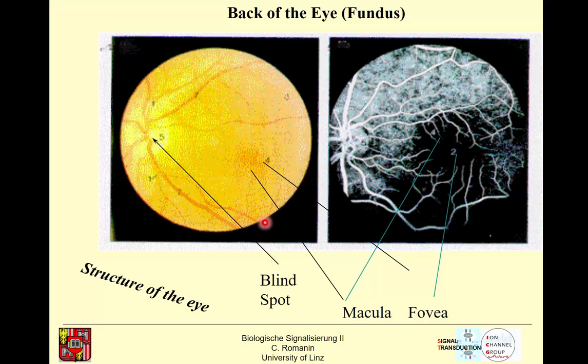Sometimes this is the first indication for the ophthalmologist to tell the patient that he or she should have a look at the blood sugar levels, because when these blood vessels look somehow changed due to some inflammatory processes going on, that could be an indication, for instance, of diabetes.